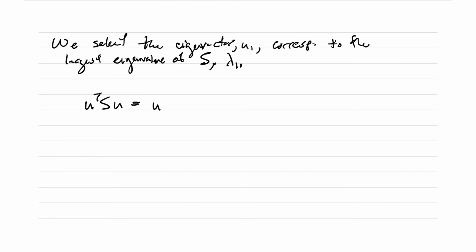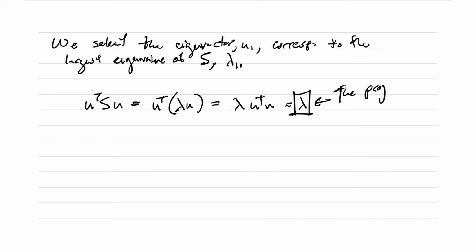And so we end up having u transpose times lambda u, and this is lambda, since u transpose u is equal to 1, so it has to be equal to whatever the eigenvalue is. So this is the projected variance. And if you want to choose the biggest one possible, you choose the largest eigenvalue, and that gets you that. Okay, so that's more or less how you do this.